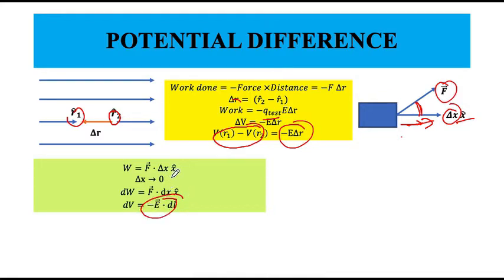Okay, so what is dl? If you remember the coordinate system that we talked about, dl was the line element, and it is actually a vector which gives us the direction of movement. So if I move along an arbitrary path, the arbitrary movement can be characterized by this vector line segment, which is dl.